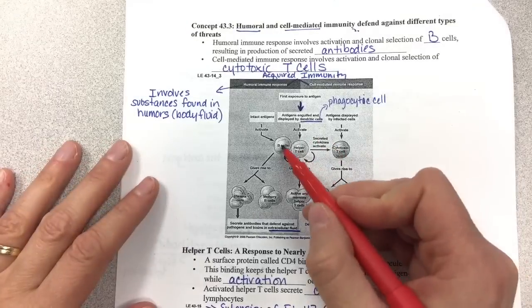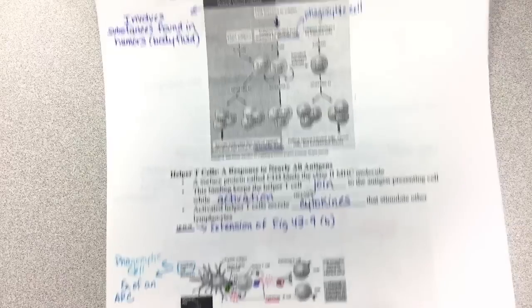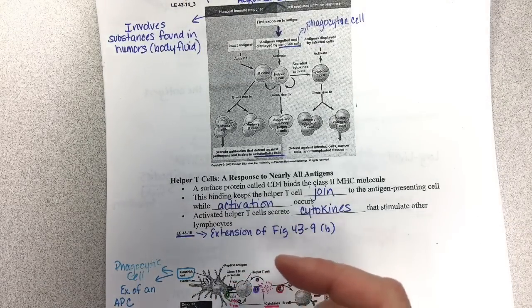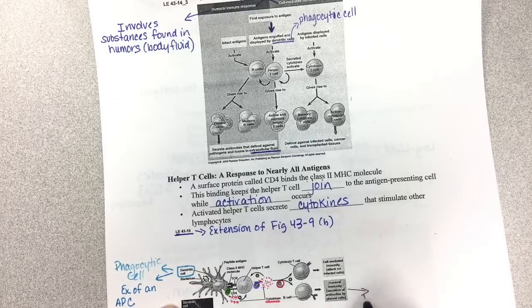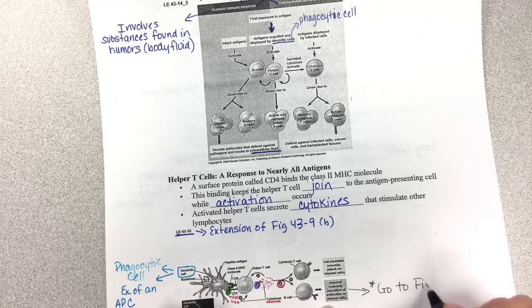So let's look at this part here with the B cell. So these guys here with the B cells, when it says they activate the B cells, the cytokines, and it says you're going to eventually get secretion of antibodies by the plasma cells. Let's go to figure 43.17.